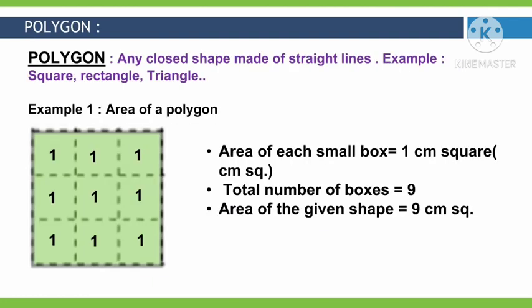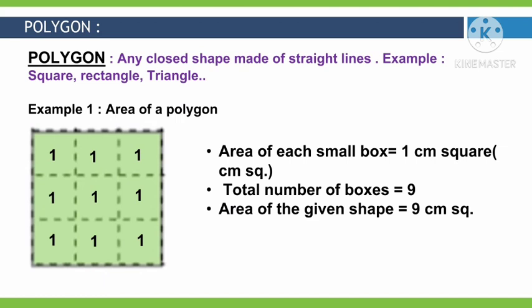Let's look at the first example. You want to find the area of the given polygon. We all know already polygon is any closed shape made of straight lines. So now we want to find the area of the given polygon here. So the simple way to find out the area is you have to divide the given polygon into small squares, each having 1 square centimeter as its area.